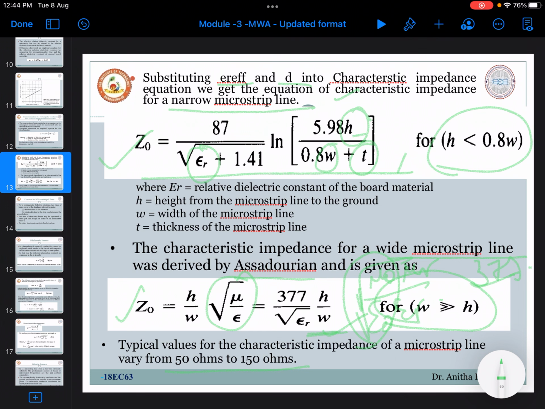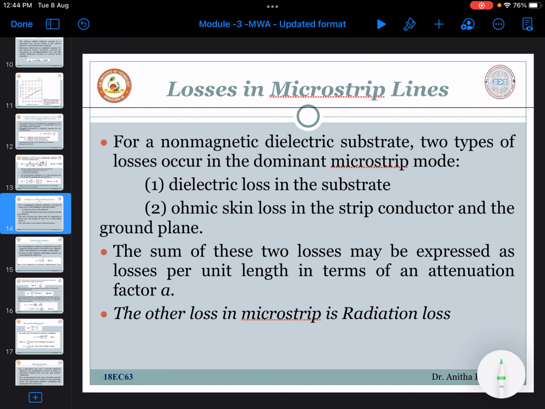Then we'll look into the different types of losses that occur in microstrip line. For a non-magnetic dielectric substrate, majorly we have two types of losses: dielectric losses and ohmic losses.